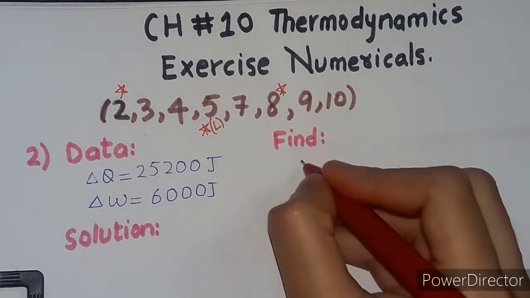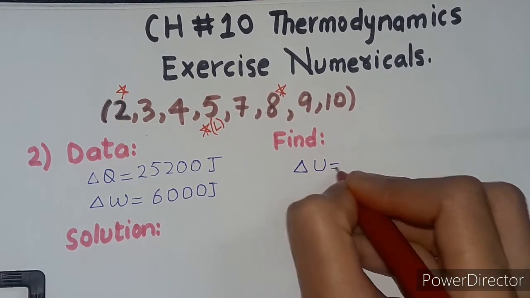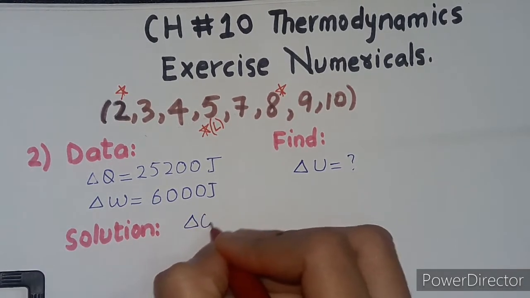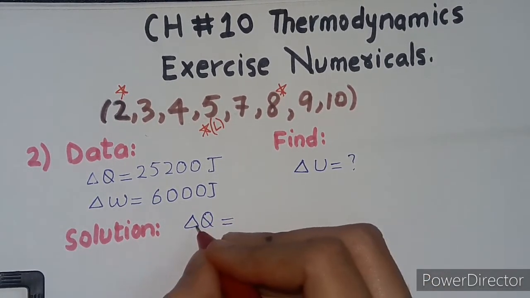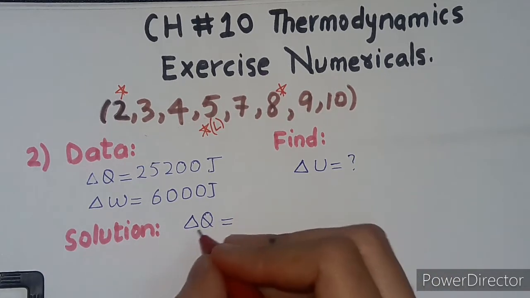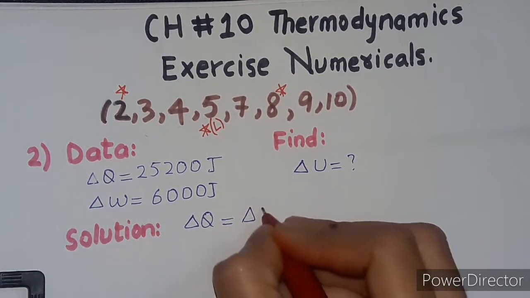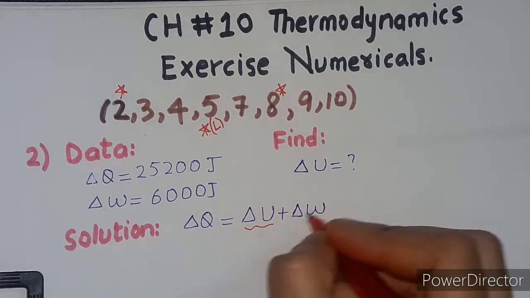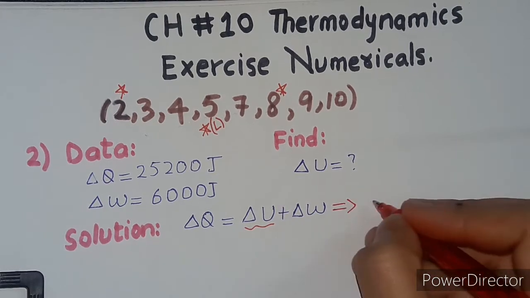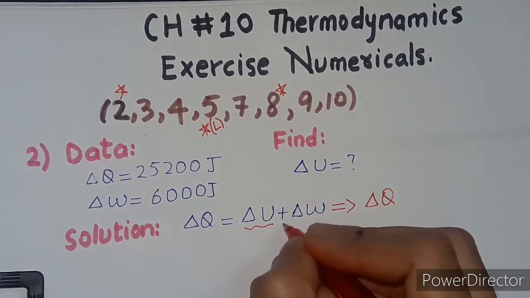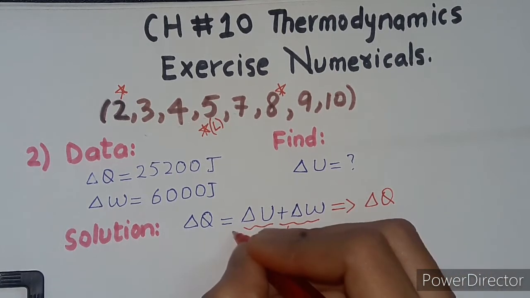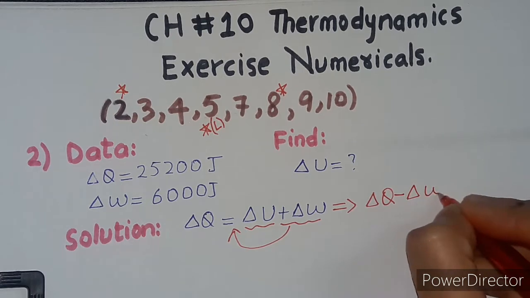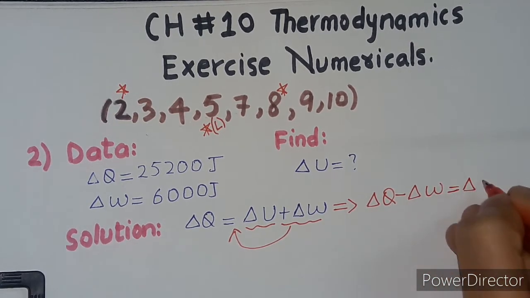And we have to find the change in internal energy, that means del U. So the formula, according to the first law of thermodynamics, is del Q is equal to del U plus del W. We have to find this del U, so rearrange this equation. This positive del Q will stay and del W will be minus: del Q minus del W is equal to del U.